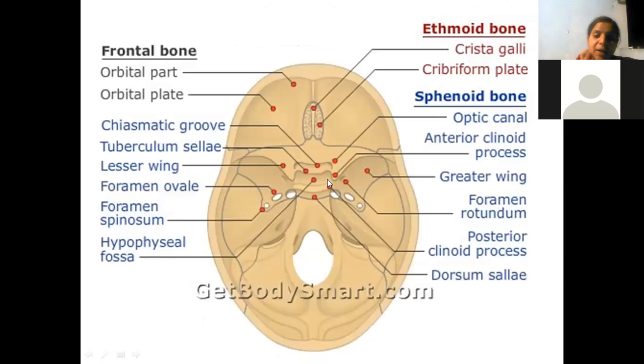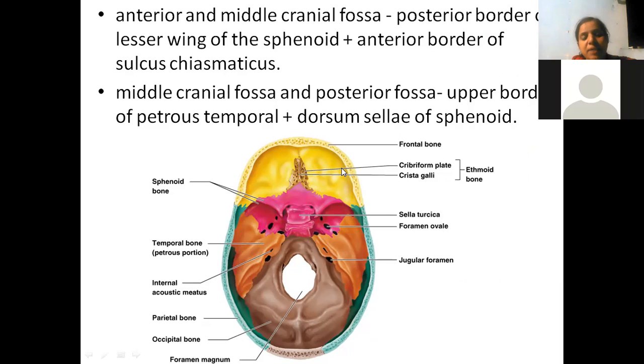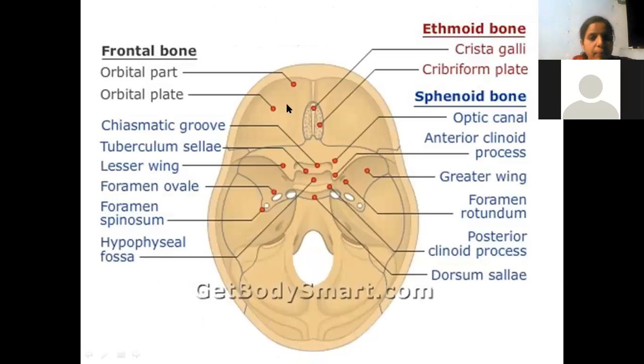Now see here, let us see if we have missed anything. So this is frontal bone, and in this frontal bone, these yellow plates are actually forming the roof of the orbit. In norma frontalis, we usually see two orbits, no? So the roof of the orbit is contributed by these plates. You call it orbital plate of frontal bone. Okay, and in the middle we have ethmoid bone, and in the projection we have crista galli, we have cribriform plate of ethmoid bone.